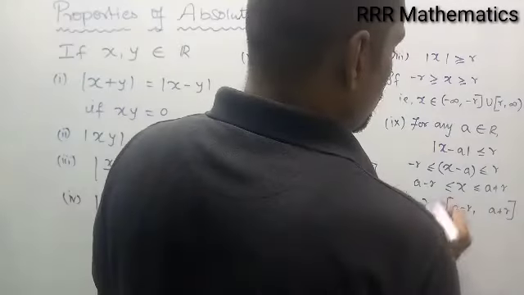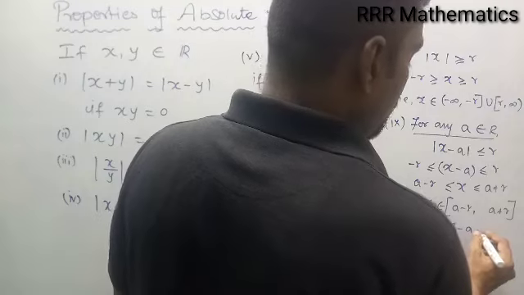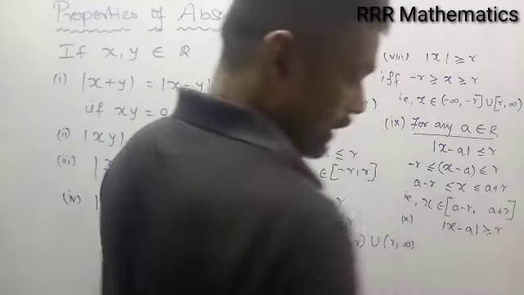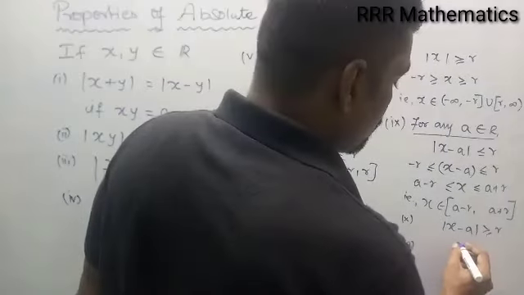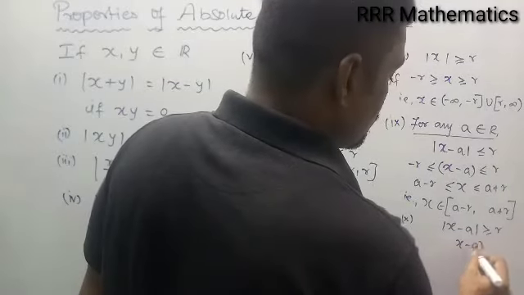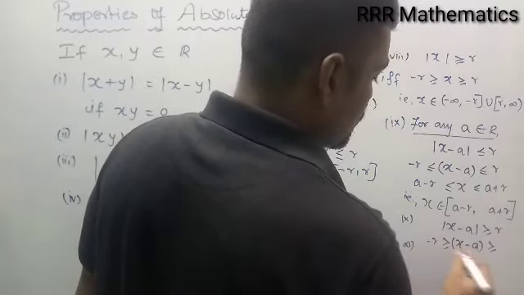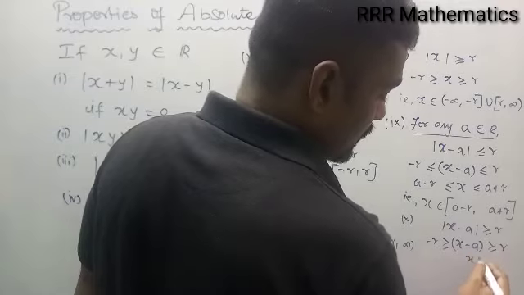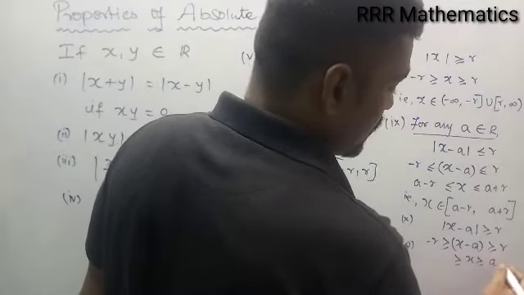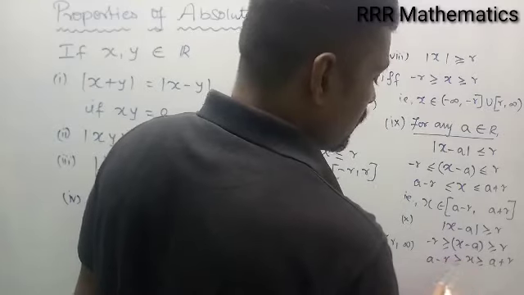Next, for any a belonging to R, mod x minus a greater than or equal to r. Inside the modulus x minus a, same sign, I have plus r, minus r to plus r. When this x is as it is, this minus a comes here, a plus r, and this minus a comes here, a minus r. Got it?